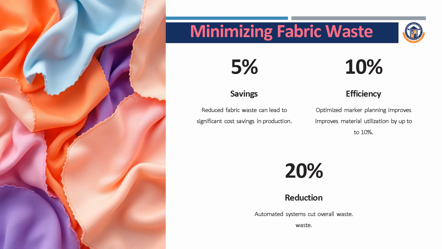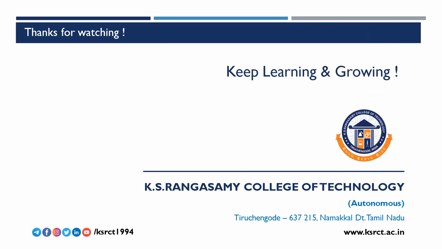Fabric saving achieved with CAD: 5% saving reduces fabric waste and can lead to significant cost saving in production. 10% efficiency improves material utilization with better optimized marker planning. 20% reduction is the overall waste minimization through automation. Key benefits of this pattern making software: sustainable production with lower raw material costs.